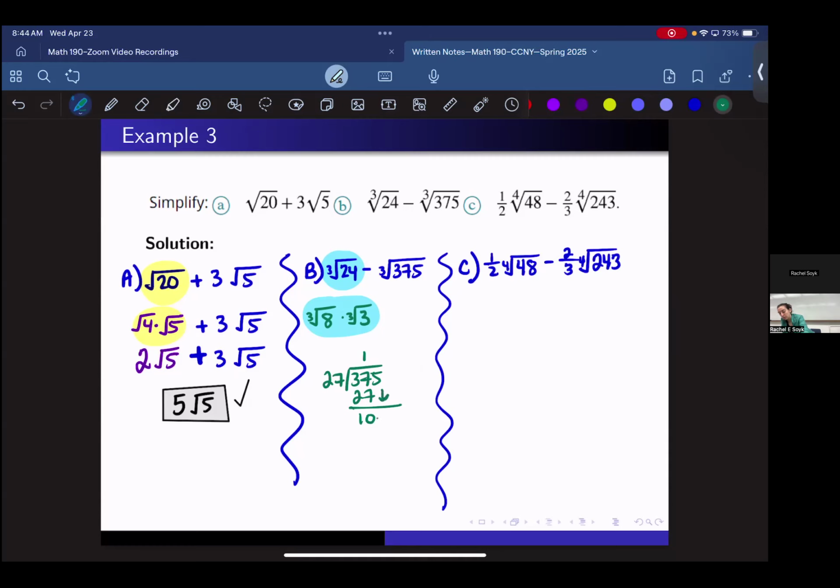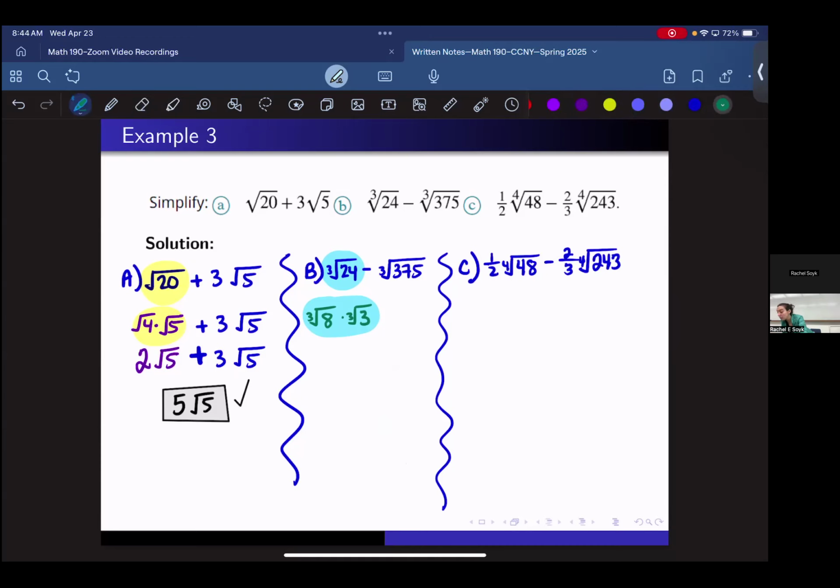We're going to bring down that 5. 27 goes into 105 like 4 times, right? That gives you, oh, not even, right? 20, 40, 60, 80, 100, 101. But it doesn't go in perfectly. So 3 doesn't work.